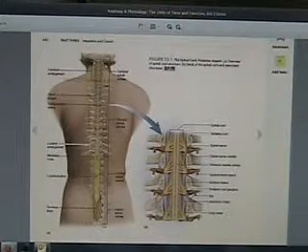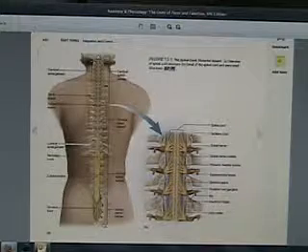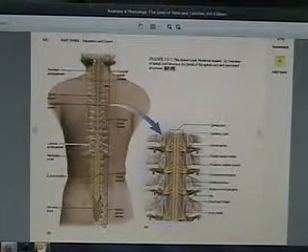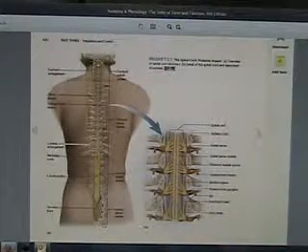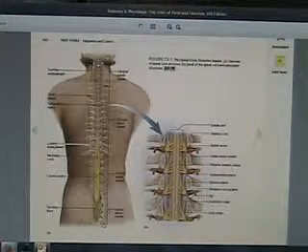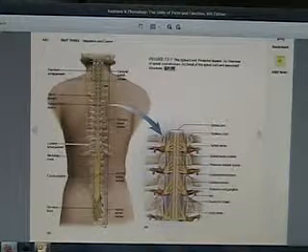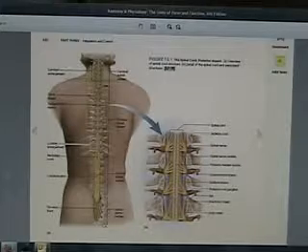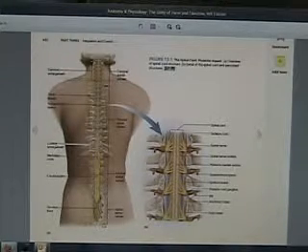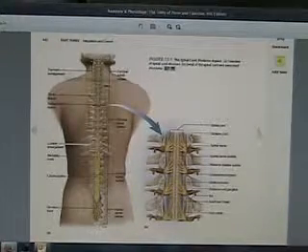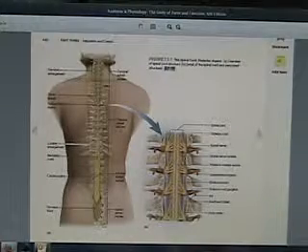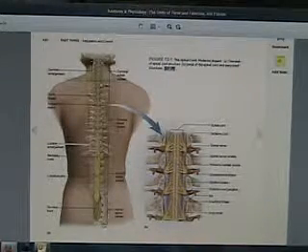It exits through that large opening, if you recall, on your skeletal system, the foramen magnum. Foramen means hole, magnum, large hole here in your skull, and that connects your spinal cord here to your brain. Remember that the spinal cord and the brain are the central nervous system.